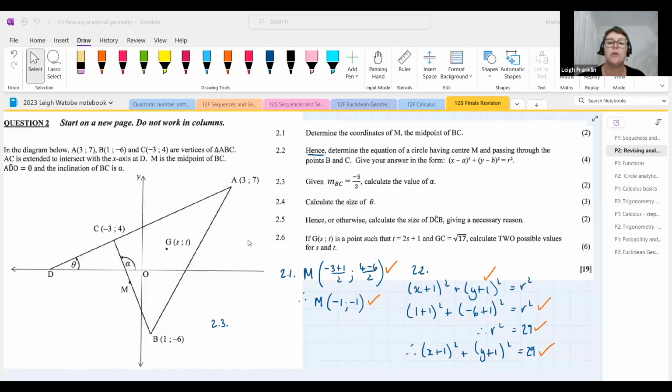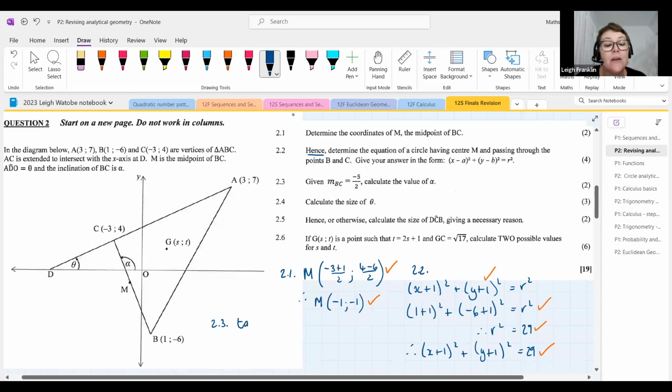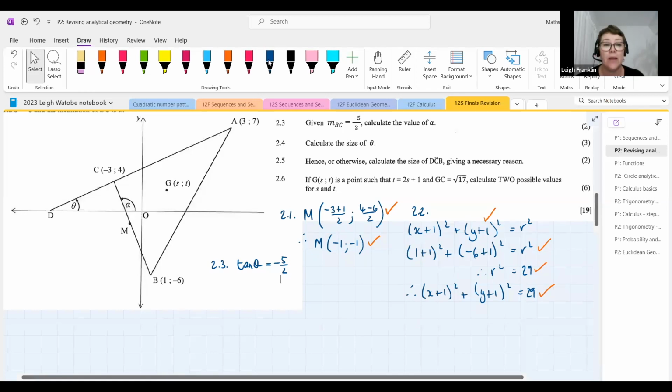Don't be shy, matrix. There we go. All right, so tan theta equals m. Good. All right, so we would say tan theta equals -5/2. All right, and this is the part that you need to set it out correctly.